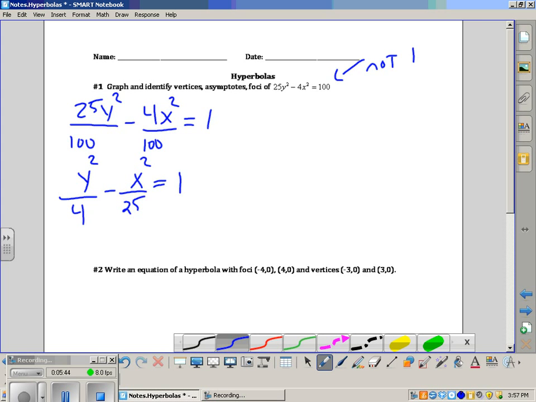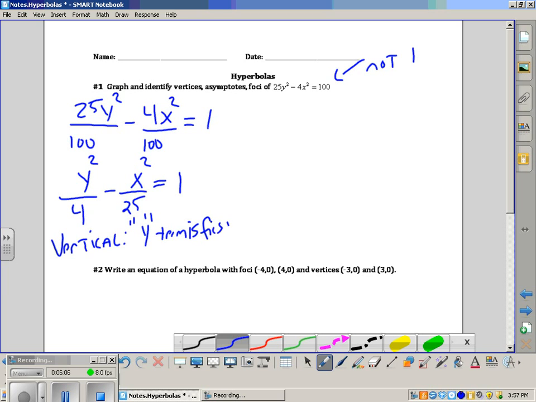And the next thing I'm going to notice is that this is a vertical hyperbola. Oof, vertical. My spelling was never the best in school. So vertical, and I know it's vertical because the y term is first.